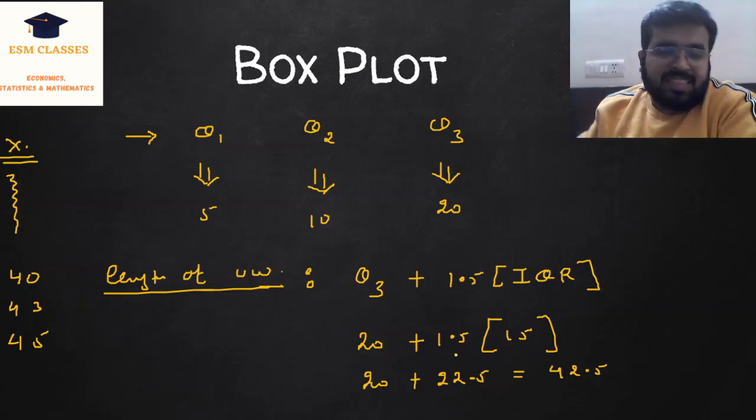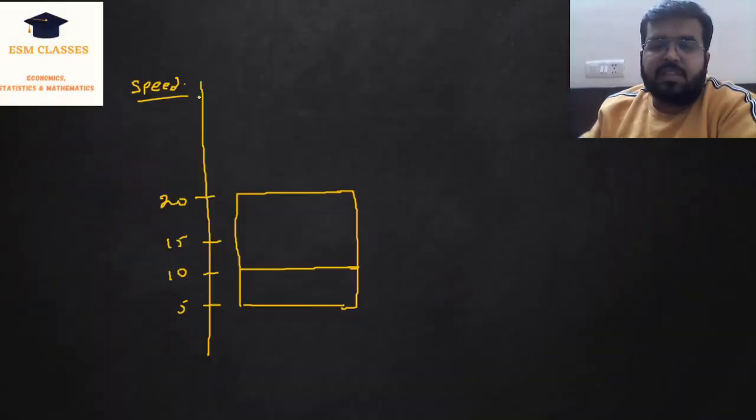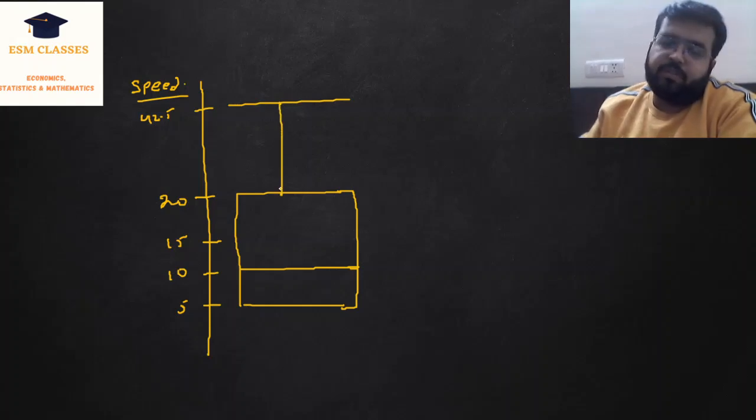Now, in this case, this value lies within my data set, right? Therefore, we need to draw the whisker till 42.5. That means, let's say this is 42.5. We need to draw the upper whisker till 42.5.